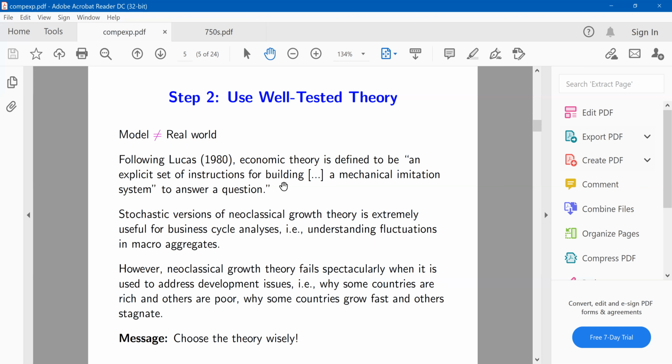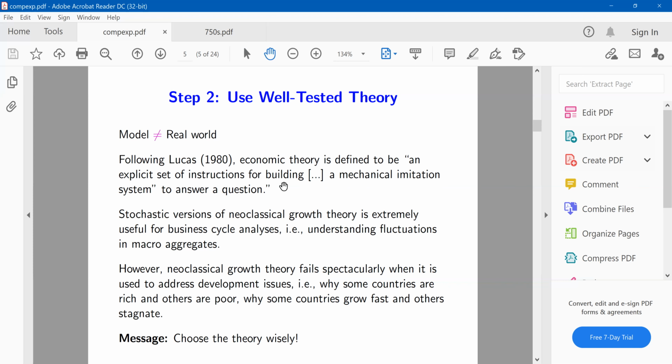But then we know by heart that neoclassical growth theory is not suitable for development questions, right? So if you want to understand why some countries are richer than others, if you want to understand why some countries exhibit faster growth rates in the long run than others, then neoclassical growth theory is not very useful, right? We know that the neoclassical growth theory predicts absolute convergence, and even if you extend the model, there is still conditional convergence.